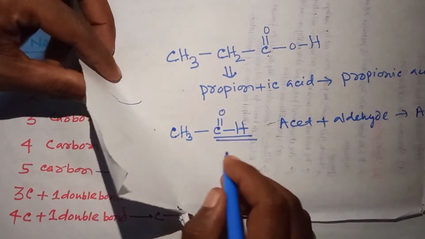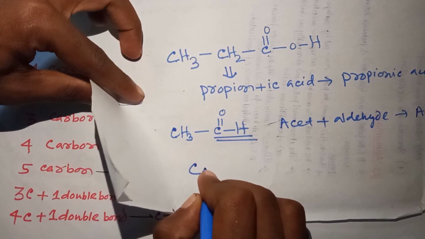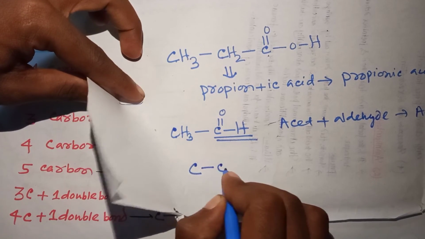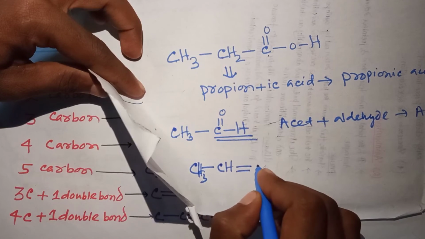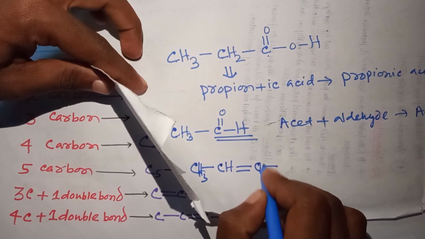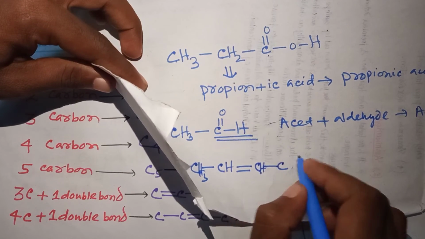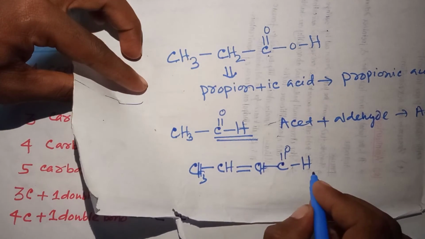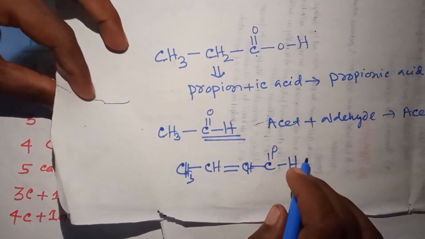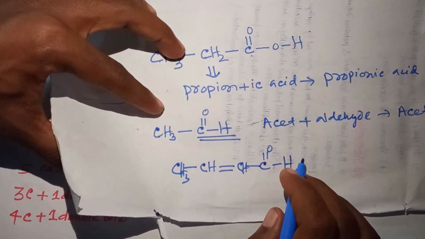For example, I have an organic compound like this, CH3 single bond CH double bond CH, CHO. If I have an organic compound like this, how do we name it?